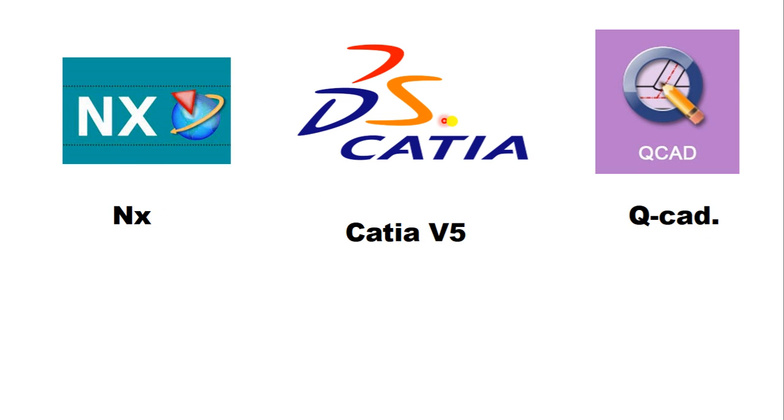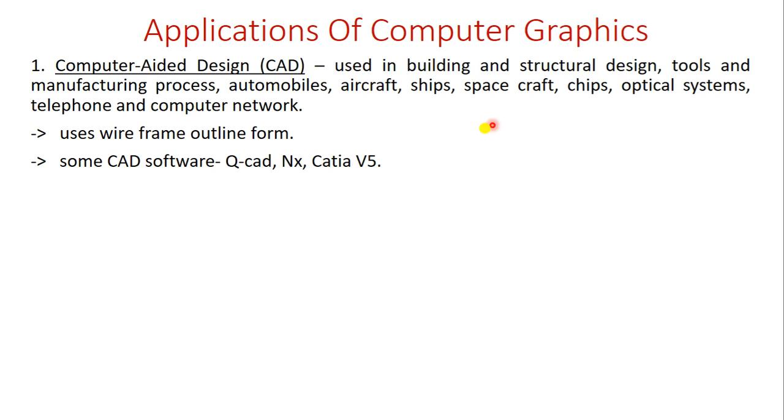I hope you have understood this first point. Computer aided design, in short CAD, is a software, and through it we can design many things such as buildings, tools, automobiles, aircraft, spacecraft, chips, telephone and computer networks. We develop these through wireframe, connecting and joining the wires, and after designing we can learn many things from that.